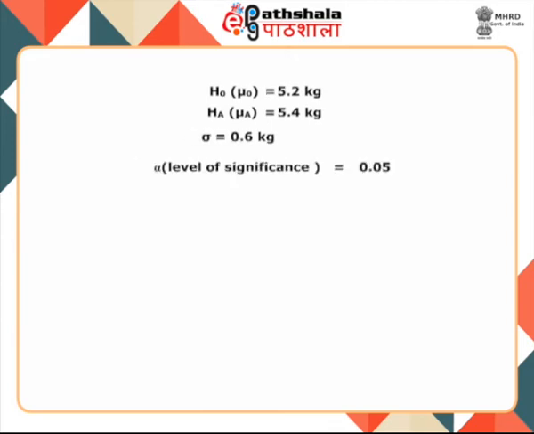At 0.05 significance level, we have to find out the probability of having type 2 error for a sample size of 9 penguins. Firstly, we will get the value of normal variate Z at 0.05 level of significance with the help of Z table.